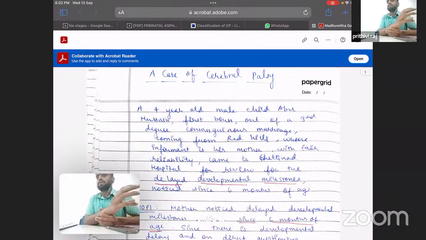We will discuss from the basics, from history taking, general examination, and physical examination very consistent with CP, and how to delineate from the history itself whether this could be a CP or any mimics of CP.